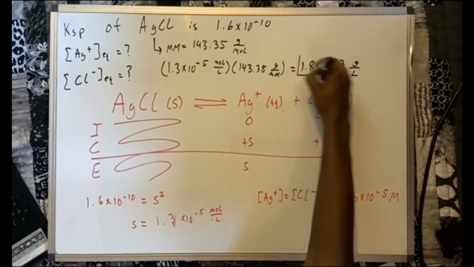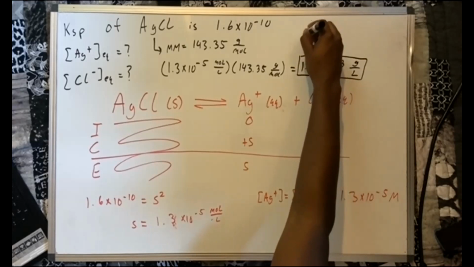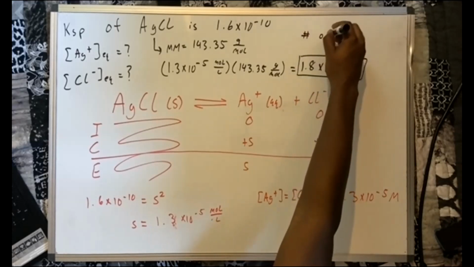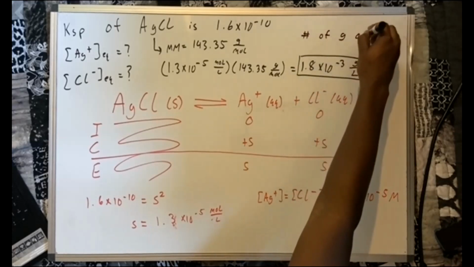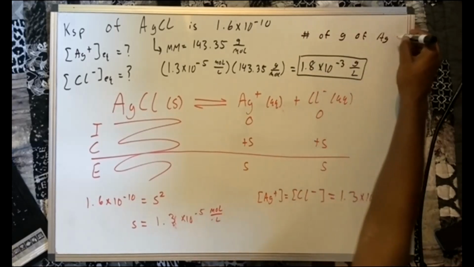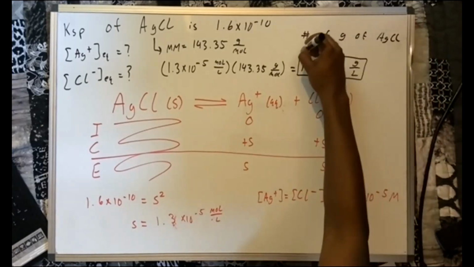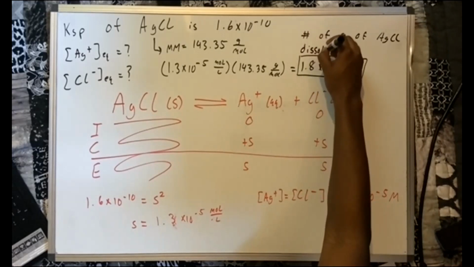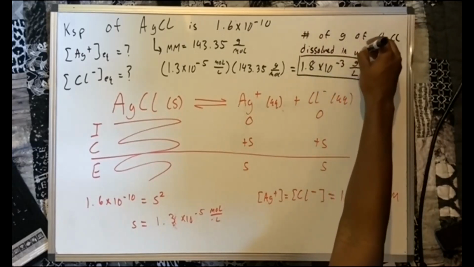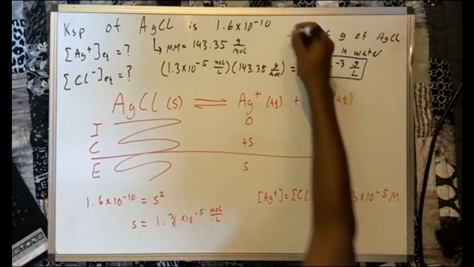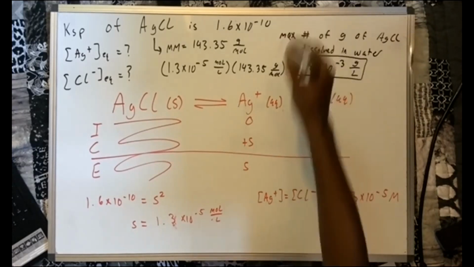So this is the number of grams of AgCl dissolved in water, or like the max, right?